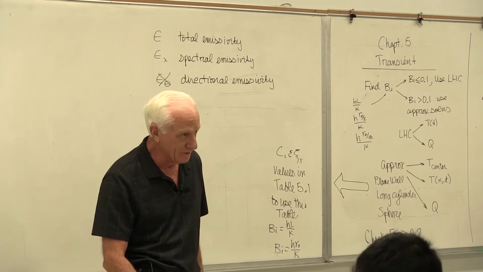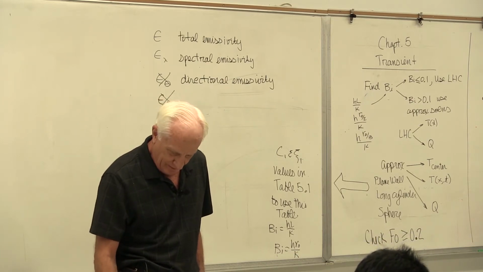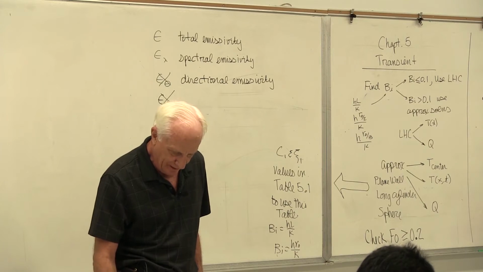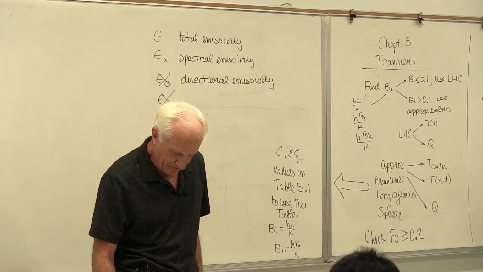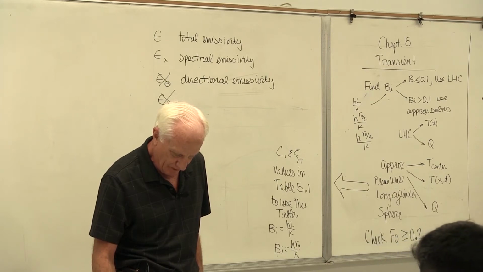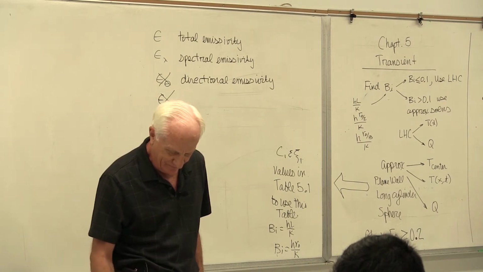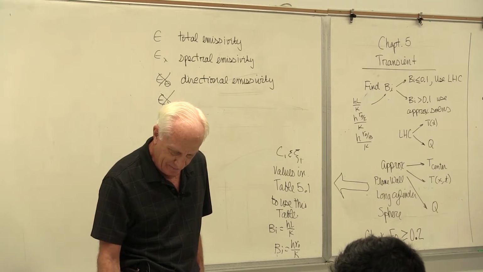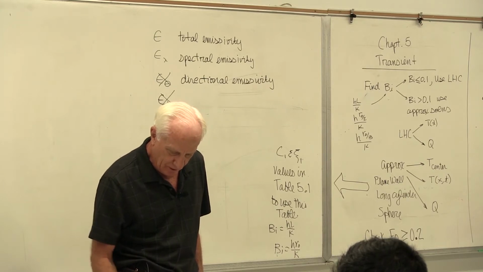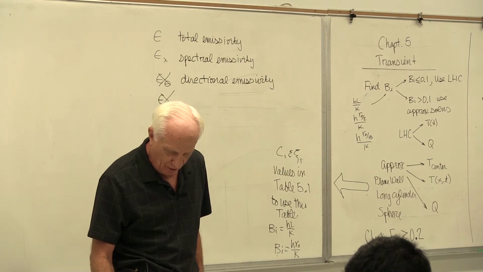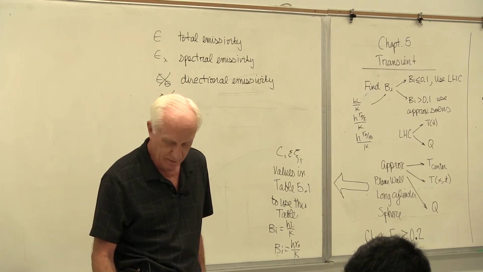Oh, 12.2, yes, it's a good one, read it. 12.3, no, it talks about intensity, no. 12.4, yes, read it. 12.5, I think that's emissivity, no, 12.5 was a no. 12.6 was a yes. 12.7, no, it talks about theta, theta's no.